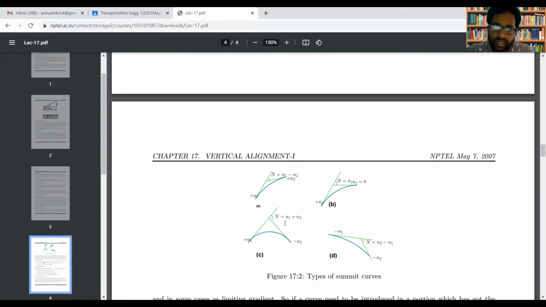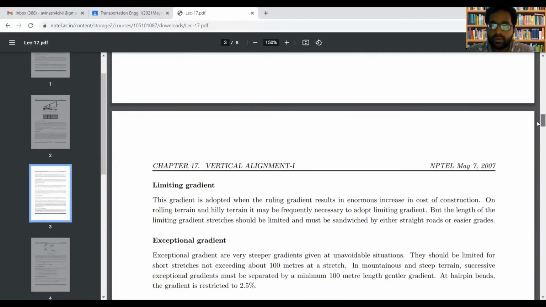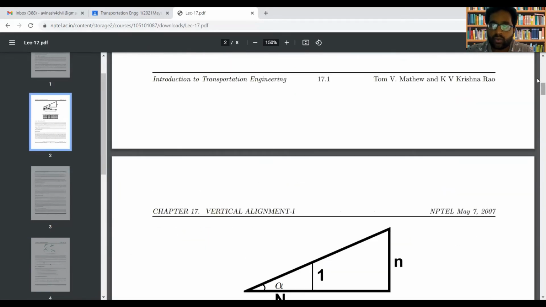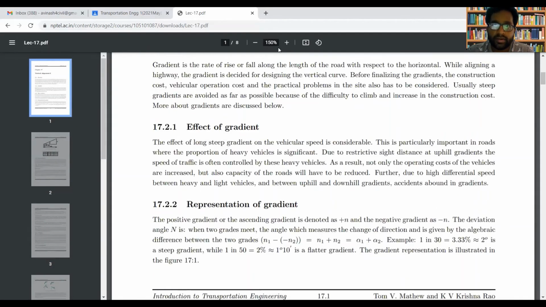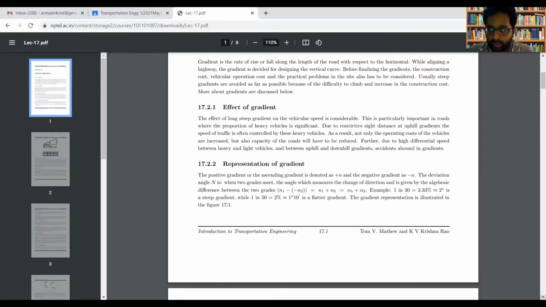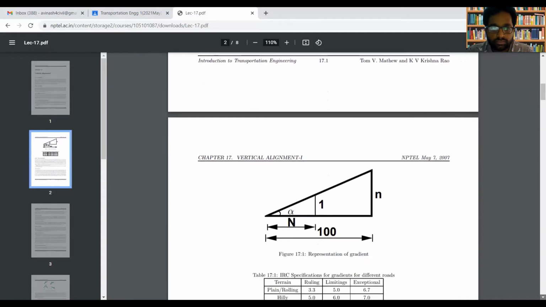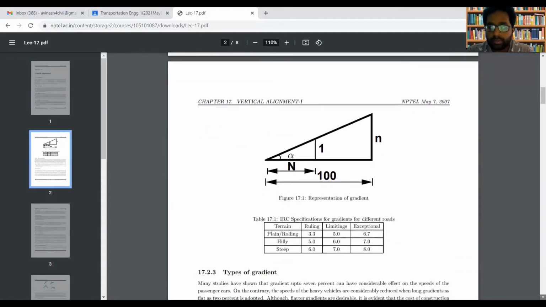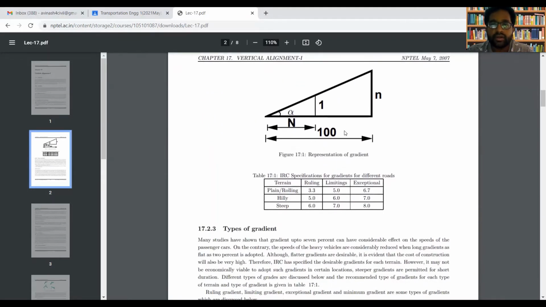So the deviation angle can be written as capital N equals n1 minus of minus n2, that is n1 plus n2. That is how the deviation angles can be written. Okay, next one. So this is how the representation of a gradient is done.